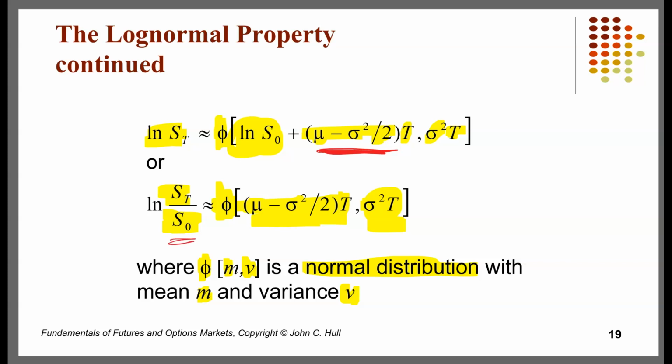So you remember earlier when we used Ito's lemma, if you go back to look at where we talked about Ito's lemma, and we used geometric Brownian motion in Ito's lemma, and we used the log of ST to model the change in the log of ST. That's exactly where that rate of return got linked with this value here.